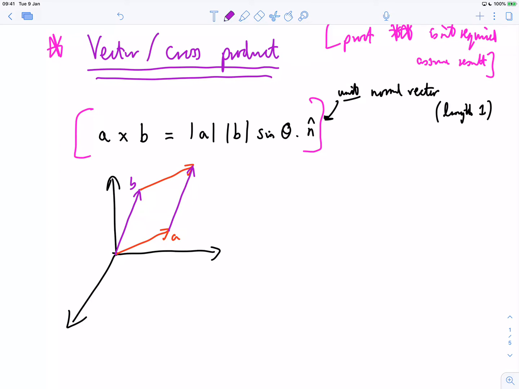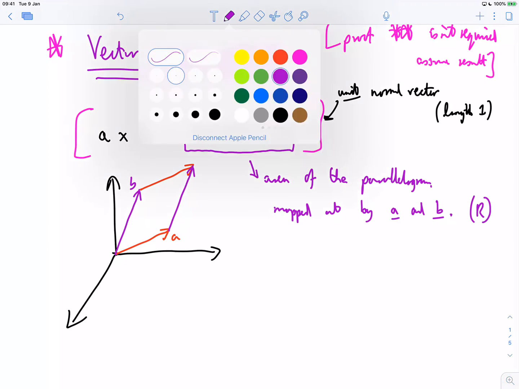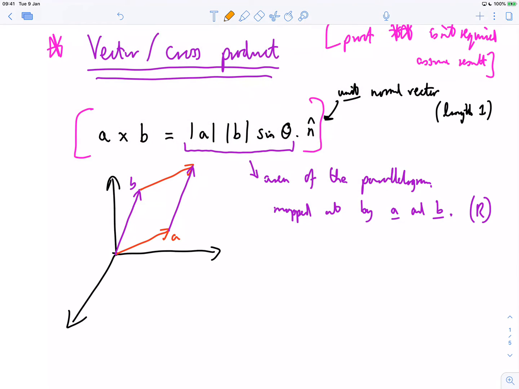Then mod A mod B times sine of theta is actually the area of the parallelogram mapped out by the vector A and the vector B, which we're going to call R. So this is my R here. Let's use orange. That's R.